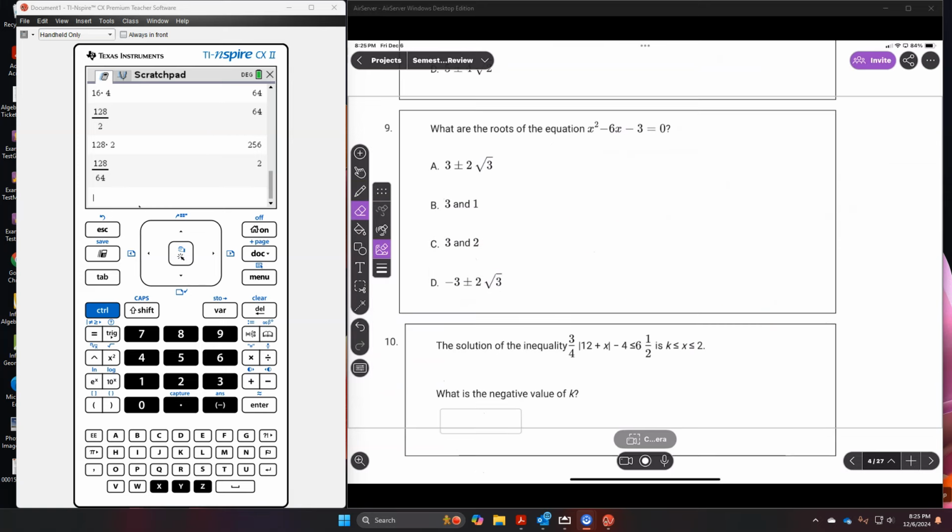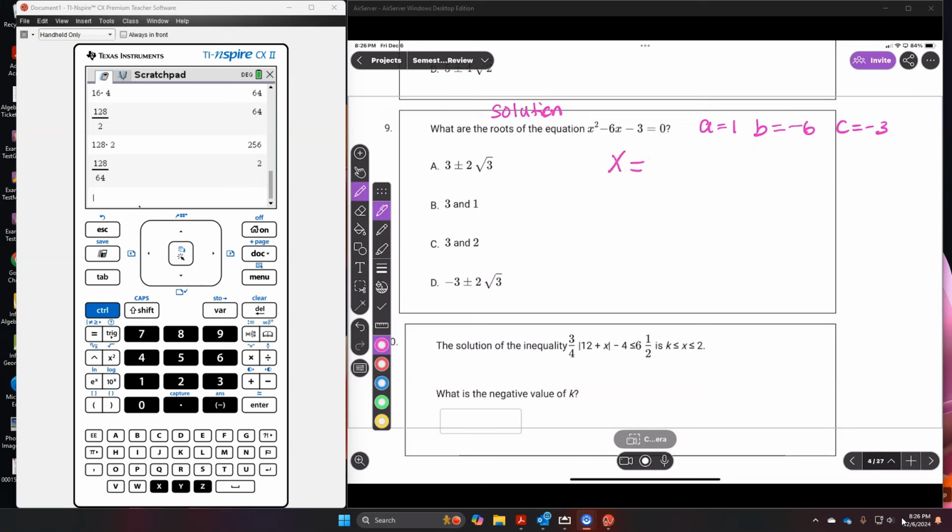Okay, number 9, what are the roots of this equation? Remember to think of it as we're trying to find the solution. So we know that A is equal to 1, B is equal to negative 6, and C is equal to negative 3. I would like for you to use the quadratic formula.